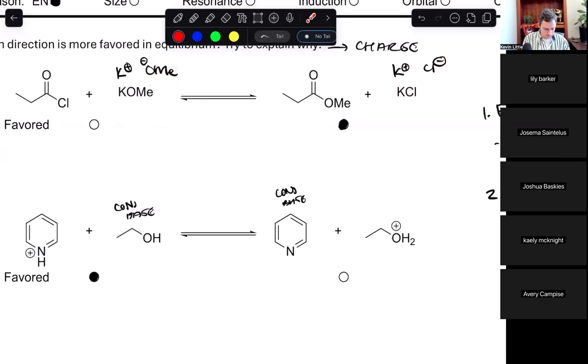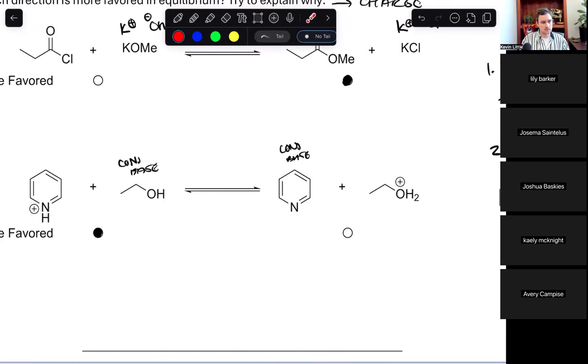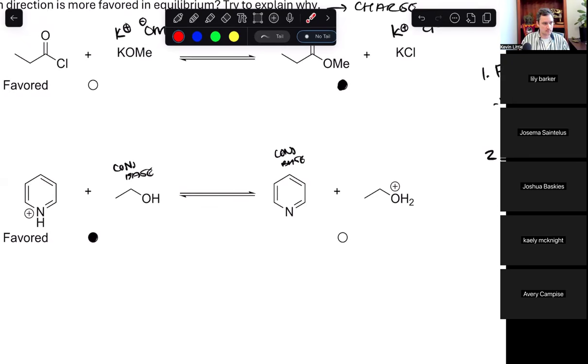That's the most negative. This is more stable, so therefore it's that side. This is neutral, and that's positive, so this is the more negative, so that's the conjugate base. I'm comparing this conjugate base to this one. This one is the more stable conjugate base because it's negative, because it's electronegative.